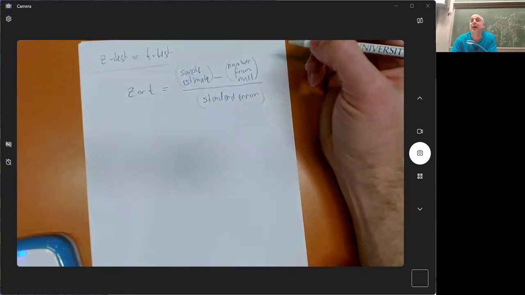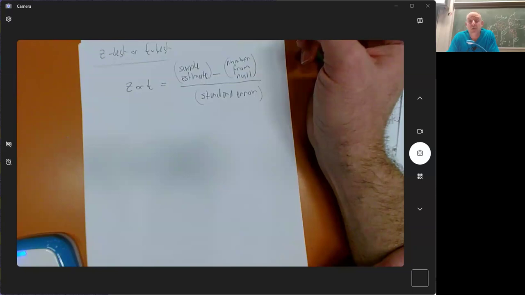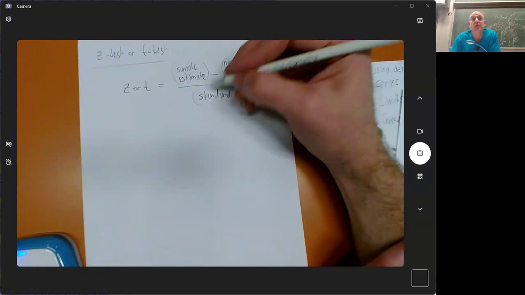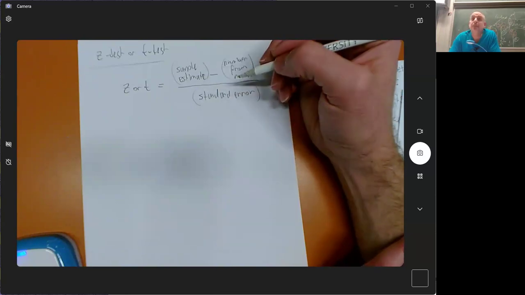And they all look like that. And so if you know that that's the shape that it is, then you can set up a nice little table that will say in these situations, what's the sample estimate, what's the number from the null, and what's the standard error. And you can create this calculation. And this calculation will always be this shape.